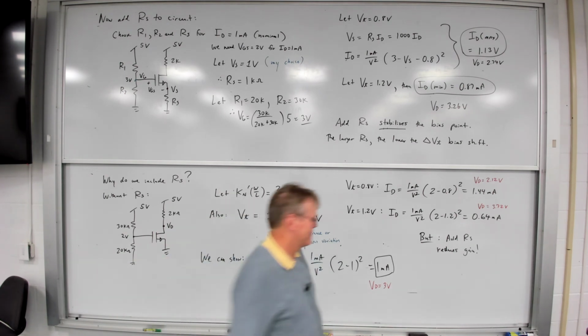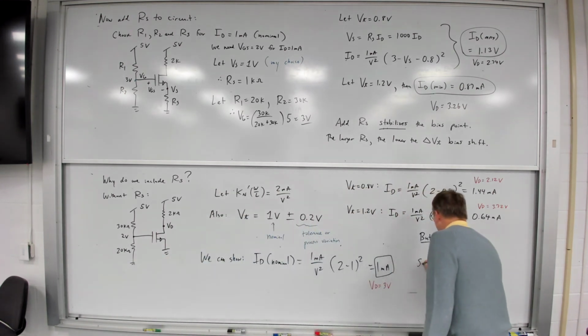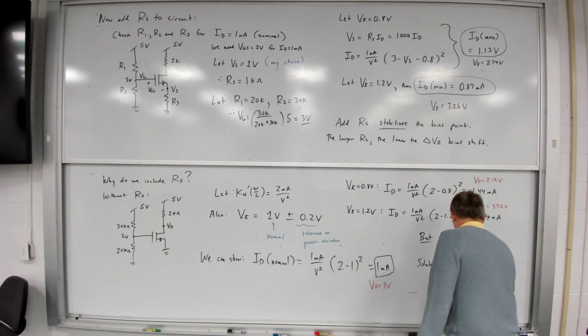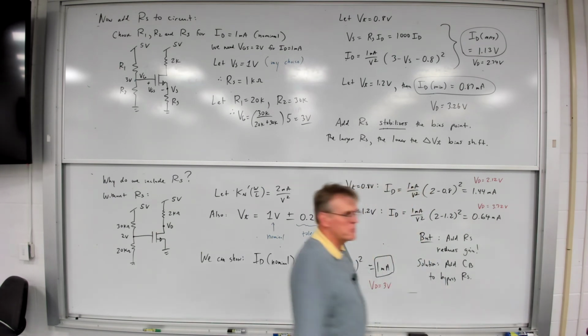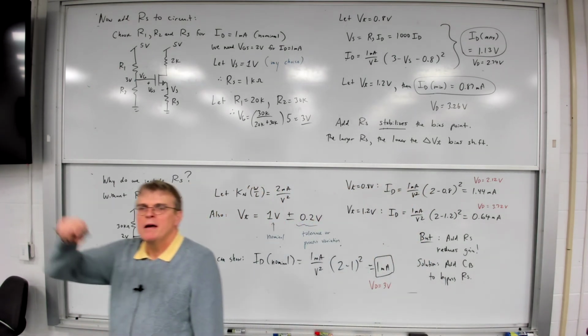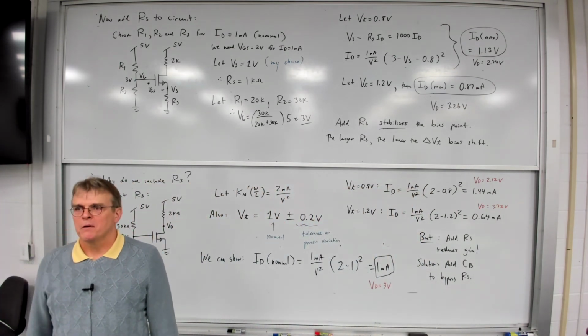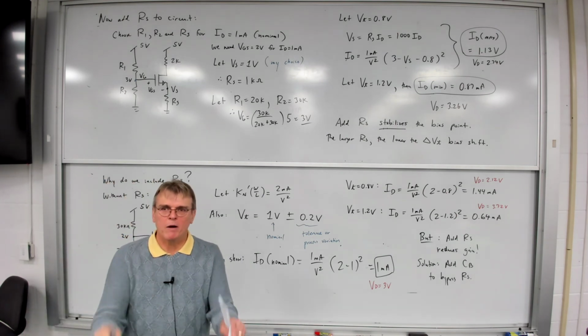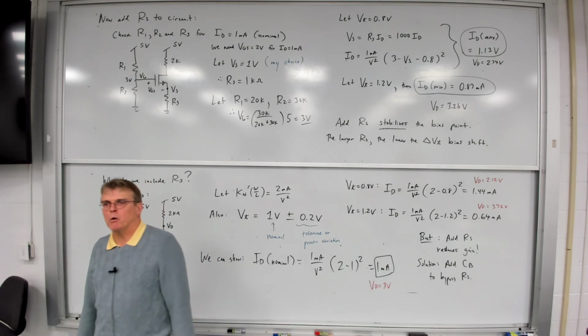Bypass capacitor. So we add a bypass capacitor to bypass R sub S. So that solves our gain problem. We have a stable DC bias point, but our AC gain has been put back where it was.